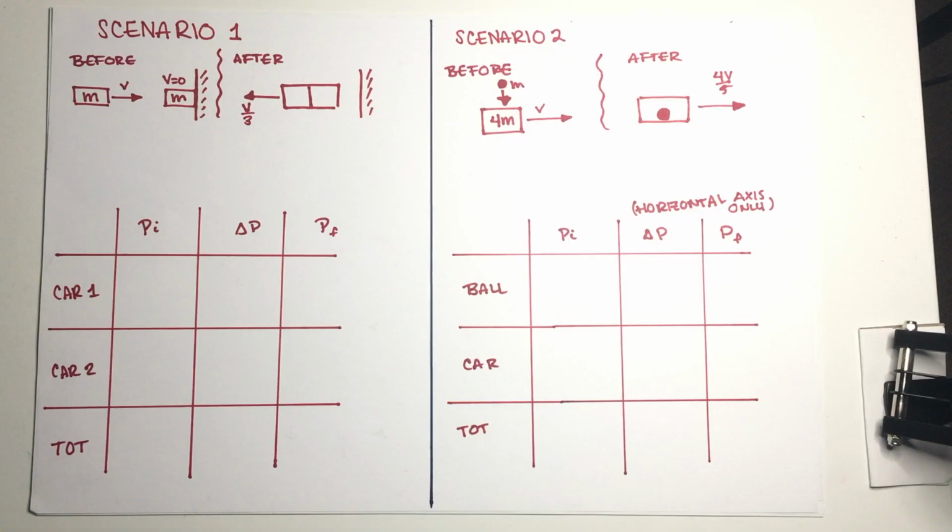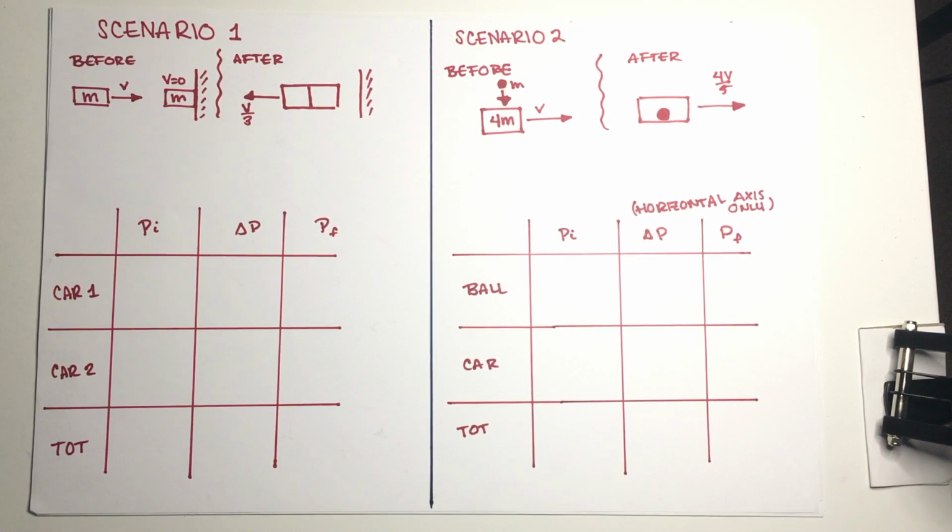As you can see, I have the first 2 scenarios here copied on my notebook, and I also have the other ones on a separate piece of paper, so I'll just change as we move along. Now, for this particular problem, you absolutely do not need a momentum chart, but the reason I decided to go with this quiz is because I think it's fantastic if you want to get some practice doing your momentum charts and learning how to figure out if momentum is conserved or not.